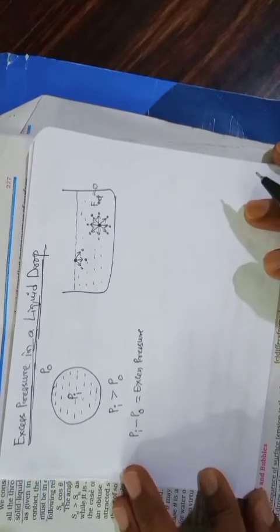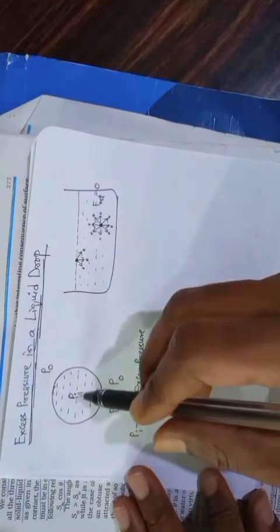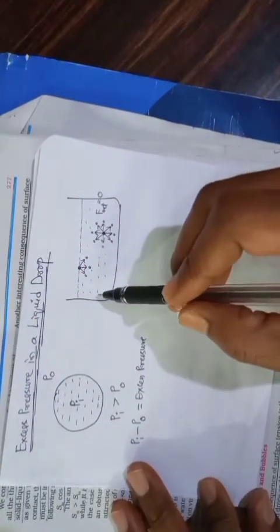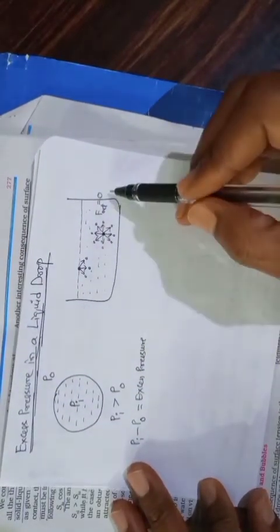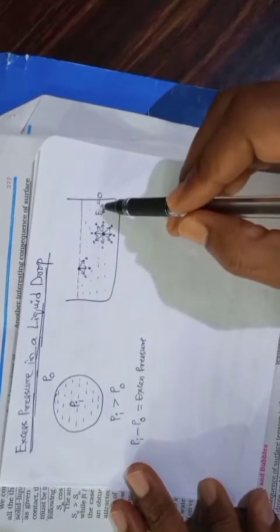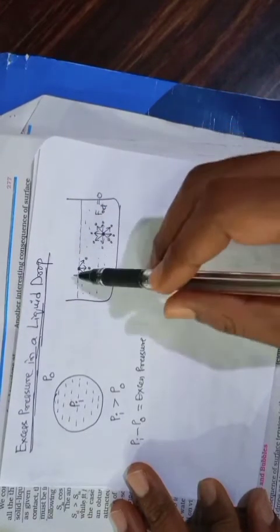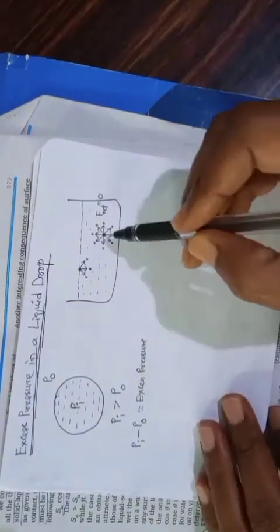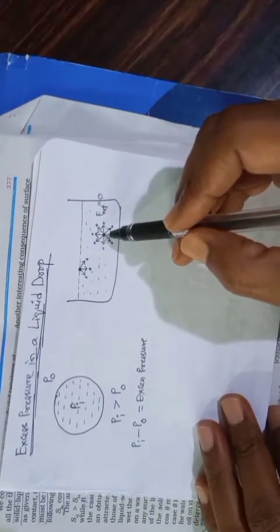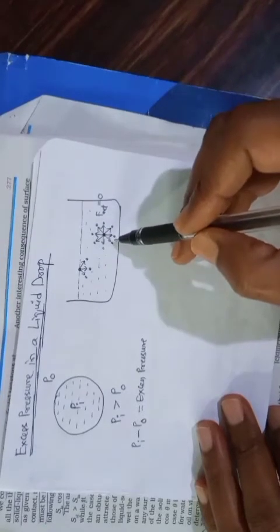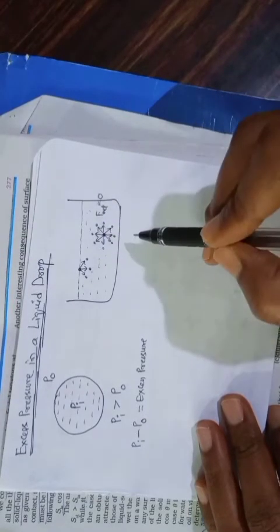So here, why is inside pressure more? See, let us see here. In a beaker, water is there. We considered one interior molecule and one surface molecule. The interior molecule was pulled by all the molecules around it, so that net force became zero.